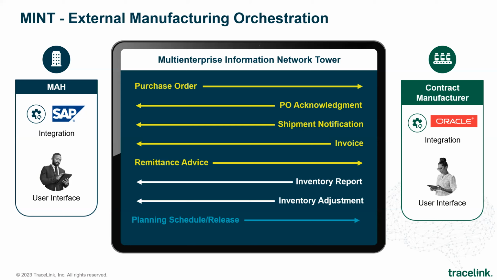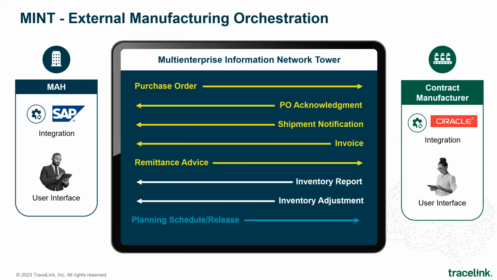So there's all these types of data that we know are going back and forth between these types of partners on a regular basis. And what we want to do, as I mentioned, is through Mint, digitize these, make them more consistent, make them across the board, and allow you to do them with all of your partners, right? So whether you're a CMO or an MAH, you don't have to do it just for the top tier ones.